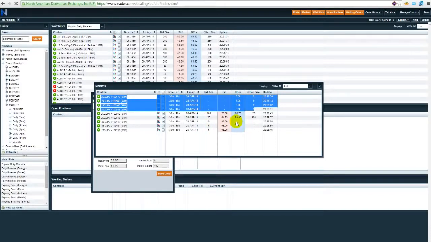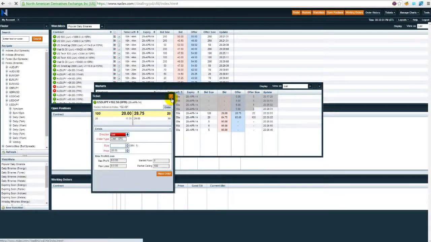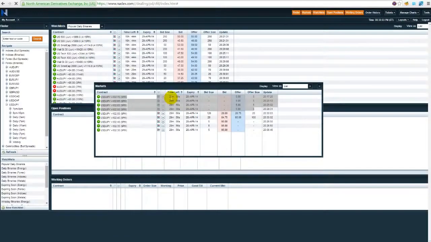Figure out what the bid-offer spread is, and make sure you're out before that offer goes from like 1 to 0, or else you're going to see the size drop down. Very important if you're starting to trade some size. You won't notice it at first, but eventually, hopefully, you will definitely notice it.